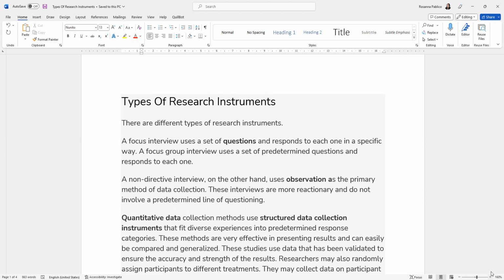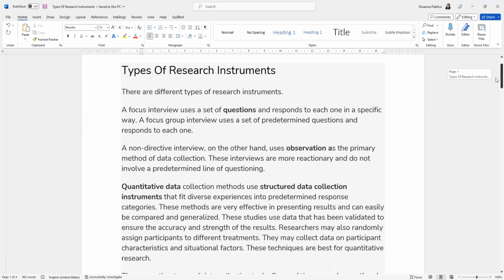Pag-interview, meron kang set of questions or in the respondents or participants respond to them in a specific way. Whereas a focus group interview uses a set of predetermined questions and response to each one. Okay?